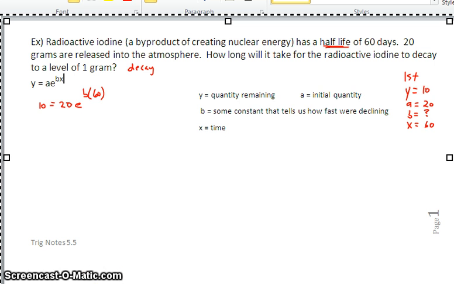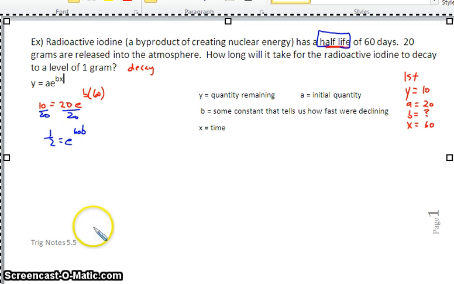One thing I want you to notice when I start to solve this, when I divide by 20, I get half over here. Anytime we're doing a half-life problem, when we start to solve for this E, or to isolate the E, this always should result in a half if we're dealing with a half-life problem. Just the first time that we go through and do this.